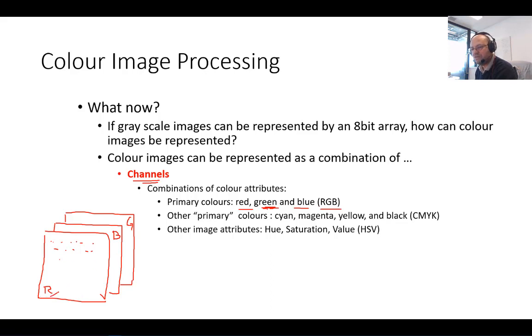One matrix representing red, one representing intensity of blue, and one representing intensity of green. Now, there are other ways of coding these colors. There are other color systems. This RGB is the most common because that's the one that TVs use, and I think most computer screens use.